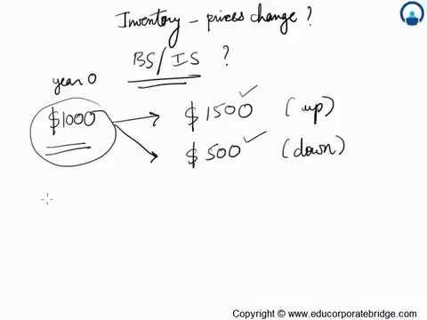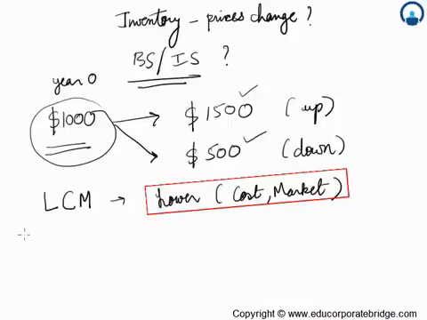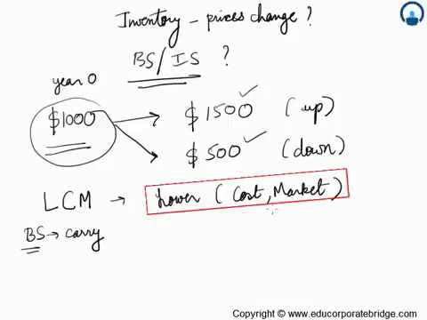So let us introduce ourselves to the concept of LCM. This essentially means lower of the cost or the market. What we essentially understand by lower of the cost or the market is that the balance sheet will carry an amount that is the lower of the cost or the market.